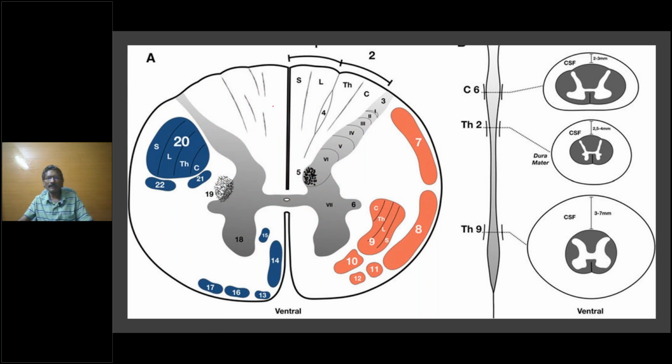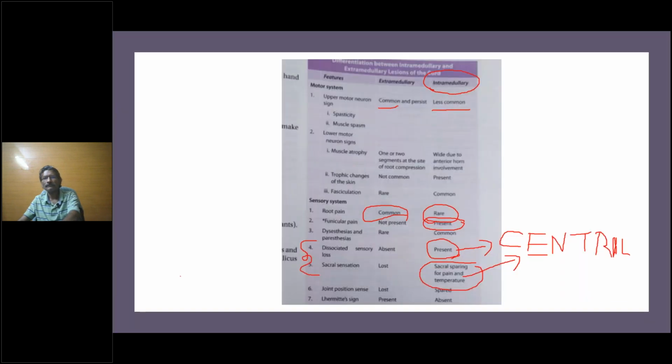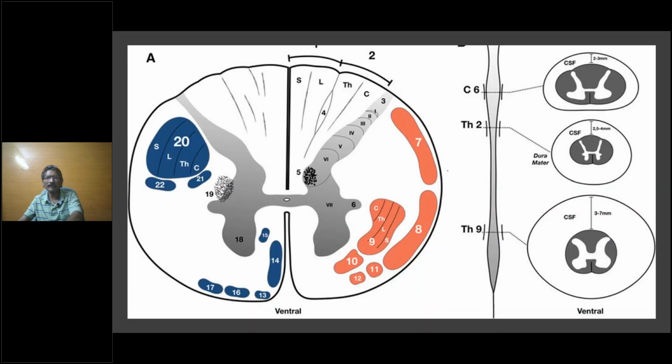So intramedullary, extramedullary. So first thing they are telling is that upper motor neuron lesion is common in extramedullary. So why is it less common in intramedullary? Again, draw the same thing. A central lesion has to move in this direction.